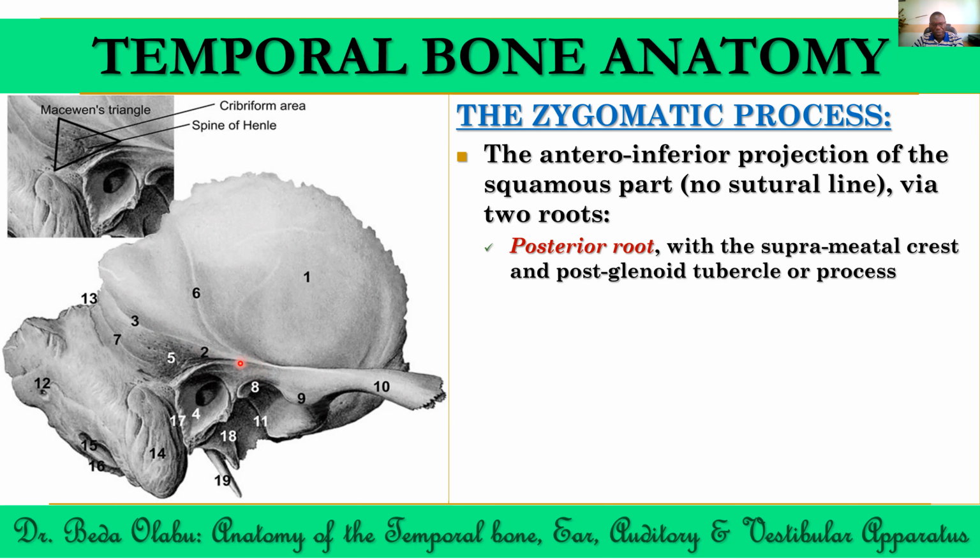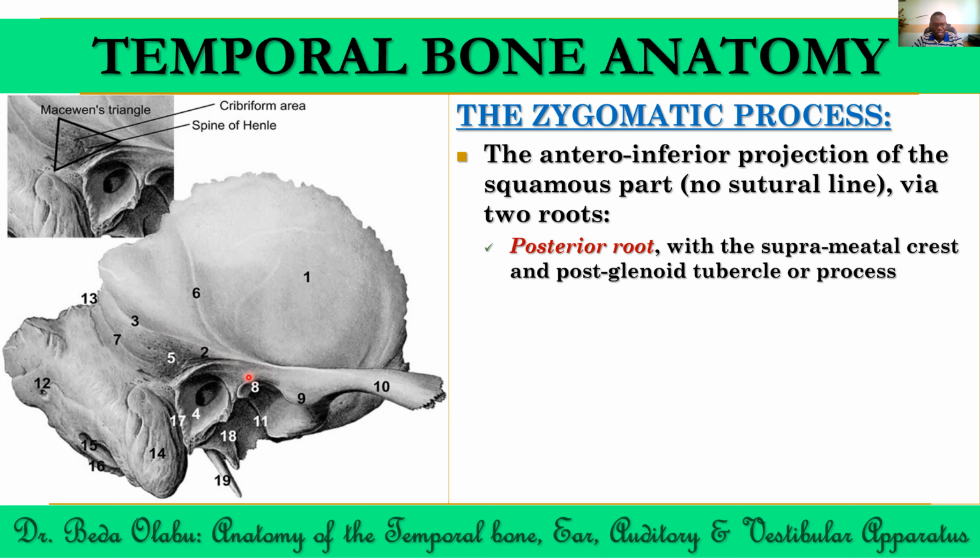This is a posterior route of the zygomatic process. This posterior route has some projections. So if you follow that one, we see the suprameatal crest, labeled 2 there.